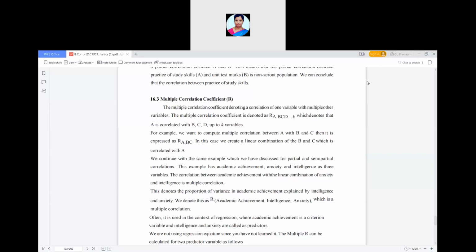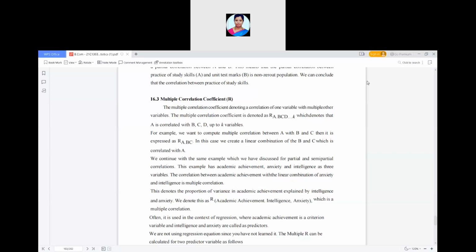We continue with this example and move on to partial and semi-partial correlation. In the example we have academic achievement, anxiety, and intelligence as three variables. The correlation between academic achievement and a linear combination of anxiety and intelligence is the multiple correlation.